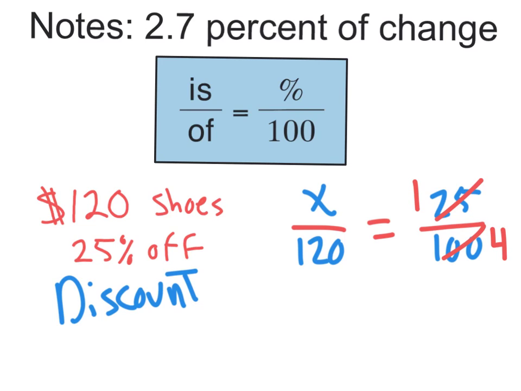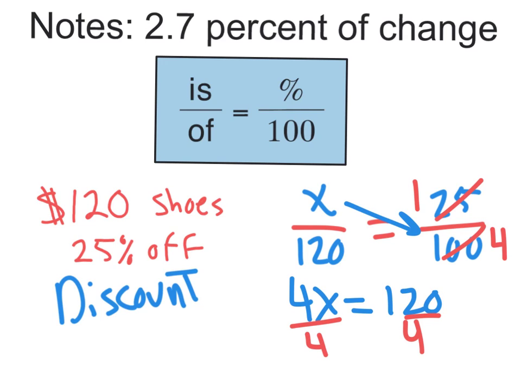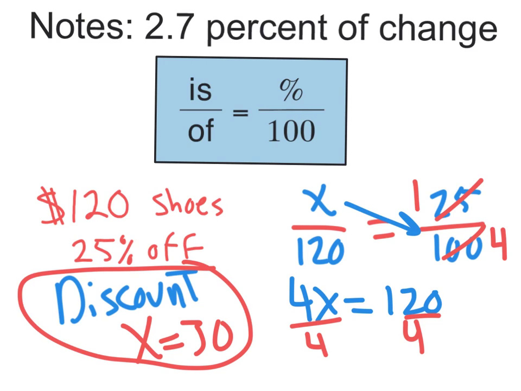So if we cross multiply, X times 4, that's 4X, equals 120 times 1, that's 120. When I divide by 4 and divide by 4, I'll get X equals 30. So ladies and gentlemen, the discount is $30.